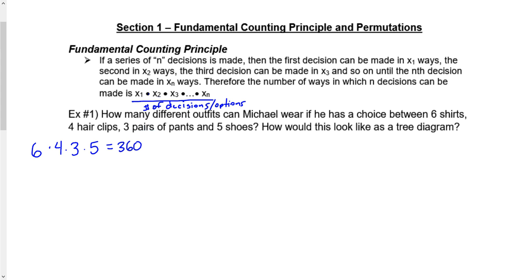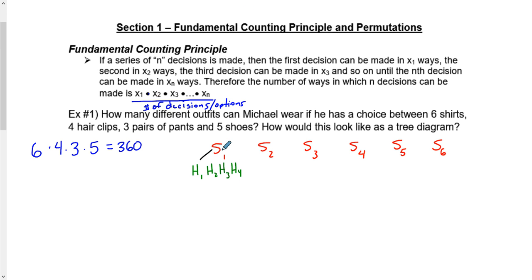So how that looks as a tree diagram is, if he has 6 shirts, you have shirt 1, shirt 2, shirt 3, shirt 4, shirt 5, and shirt 6. But no matter which shirt he chooses, he's going to have 4 different hair clips to choose from.